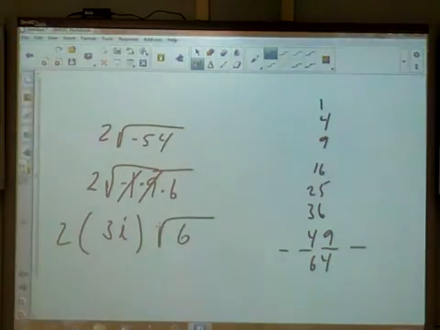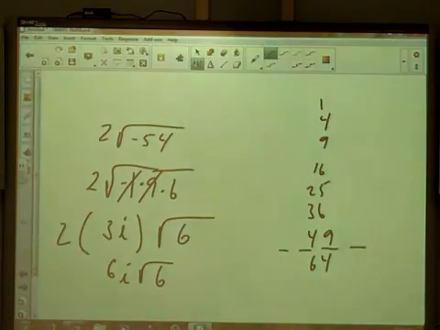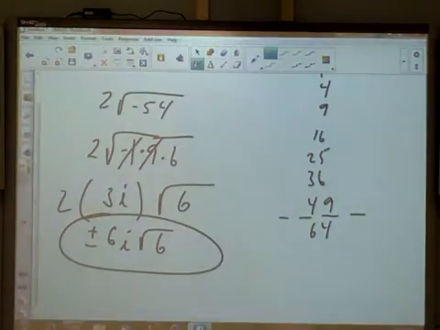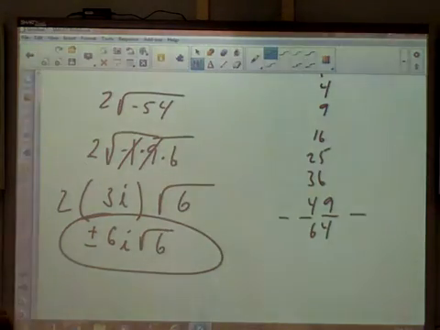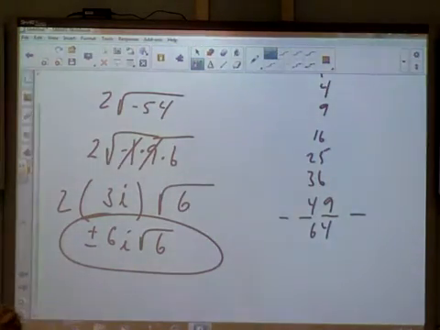Stays in there. And then it's 2 times 3, which would be 6. So I got 6i, square root of 6, but what do I need to add? That 2 is basically just keep writing it down. I feel like the plus or minus is going to be what gets me every single time.